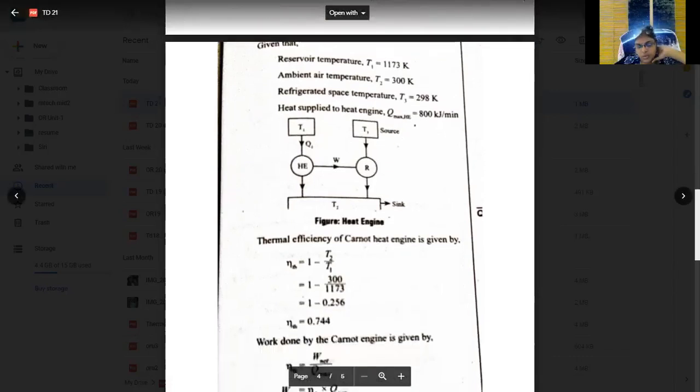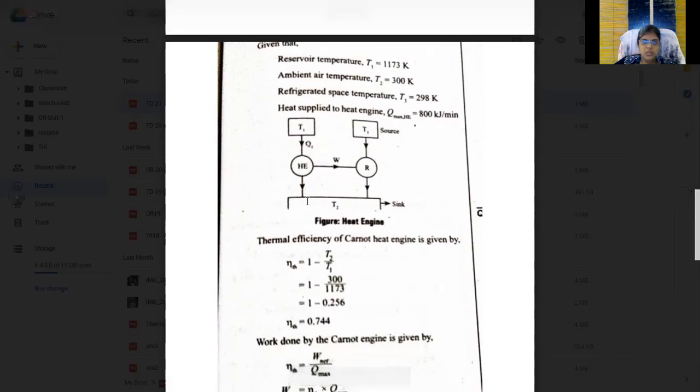So first of all, we are going to calculate the thermal efficiency of the heat engine. That is net work done by input, output by input, where the output is work done and the input is heat supply. So work done is Q1 minus QR, and we replace Q's with temperatures according to the thermodynamic temperature scale.